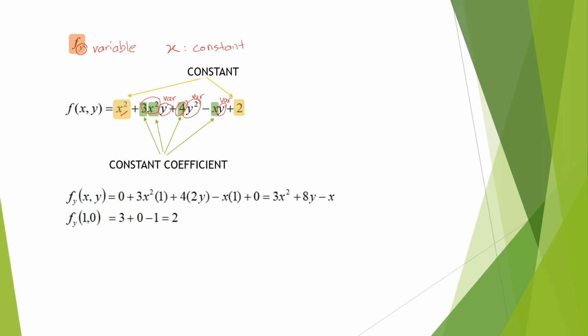Here also we have the variable, therefore x is a coefficient. So here we have a constant. Why? Because we don't have any y here. The same for this one, we don't have any y.